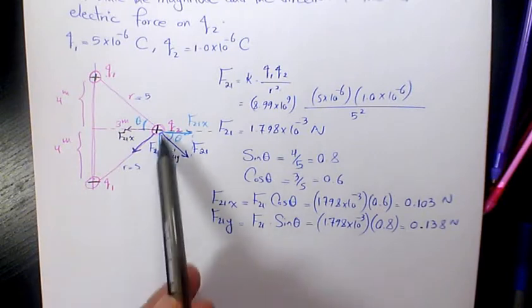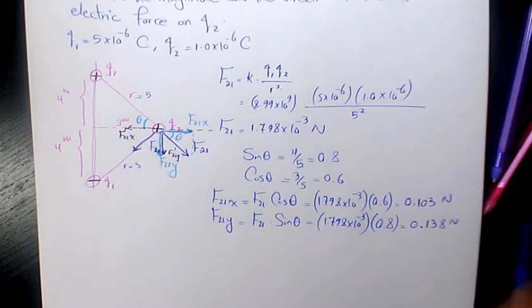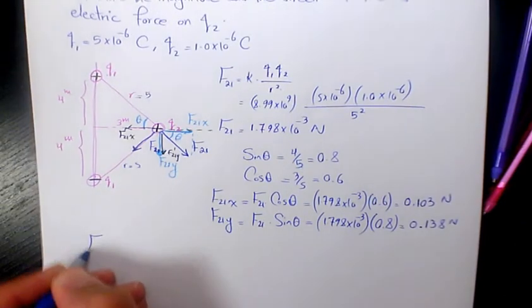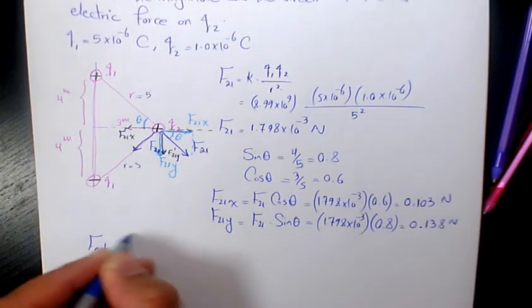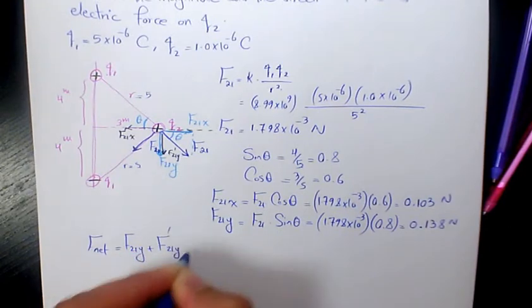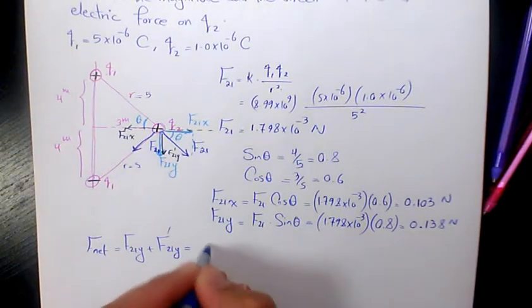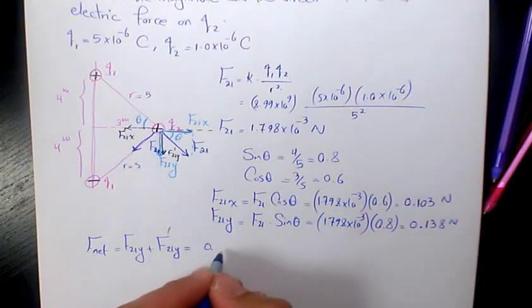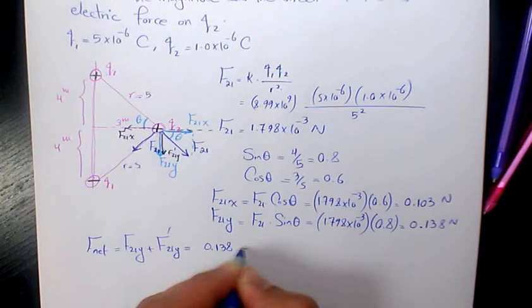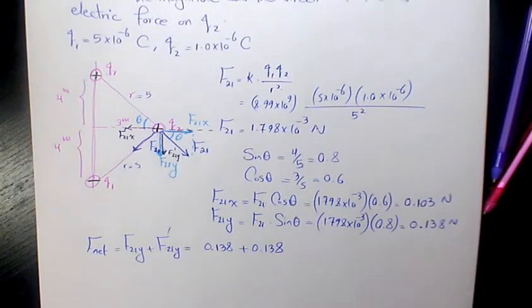So the two remaining forces are going down, both of them, so the net force is going to be added. So F net is going to be F21y plus F prime 21y, which both of them are exactly the same in terms of magnitude and also in terms of direction. 0.138 plus 0.138.